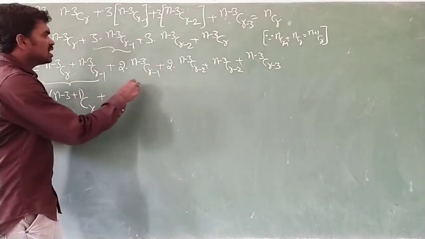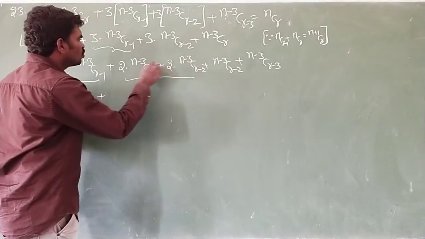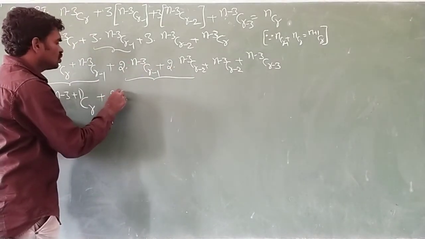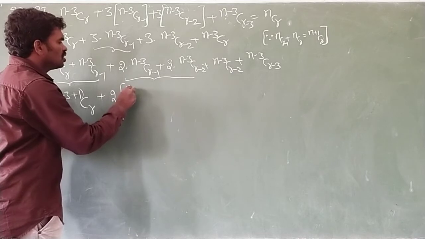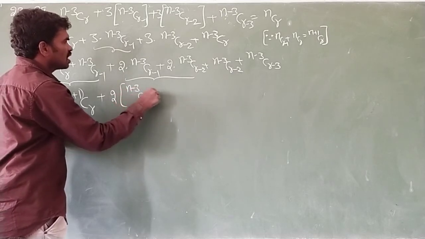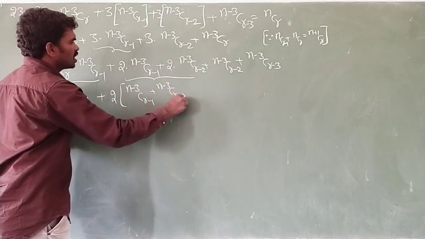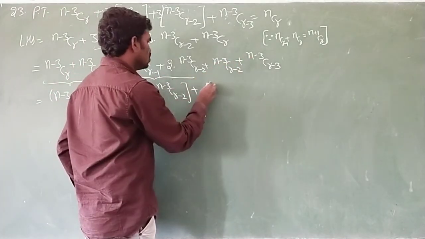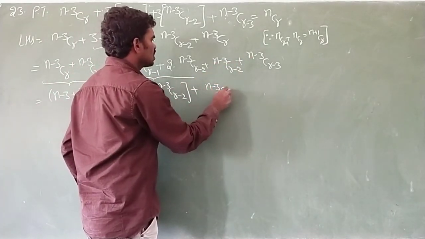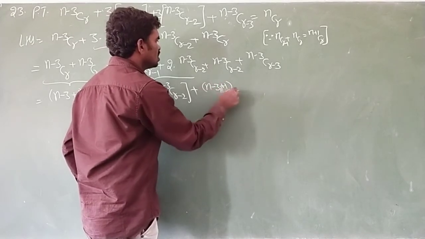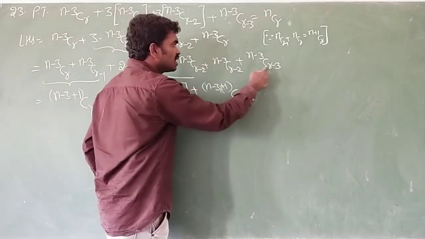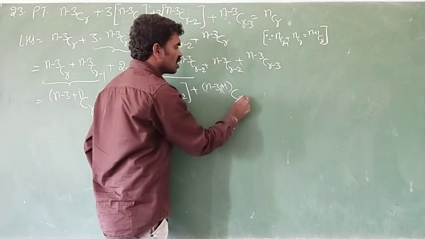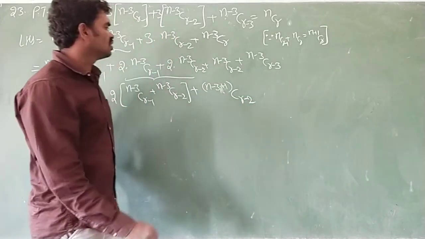Plus, in this we can take 2 common, into the same (n-3)C(r-1) plus (n-3)C(r-1). Okay, here also this is the same. So (n-3+1)C, in this, which is bigger, r minus 2 or r minus 3? r minus 2 is bigger, very good.